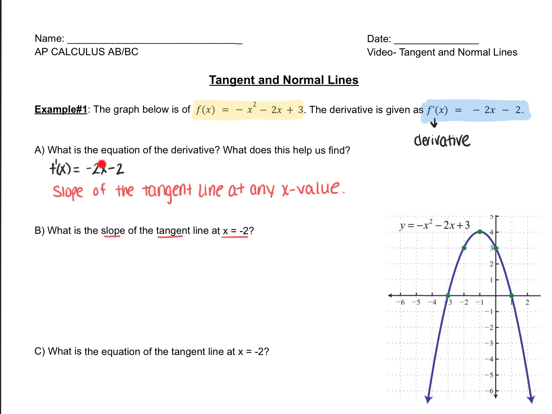Well, we just said that this derivative equation helps us find the slope of the tangent line at any given x value. So what we can do is start by writing the derivative equation, and we're simply going to substitute negative 2. Notice the notation, f prime of negative 2 means everywhere I see an x, I'm going to put in a negative 2.